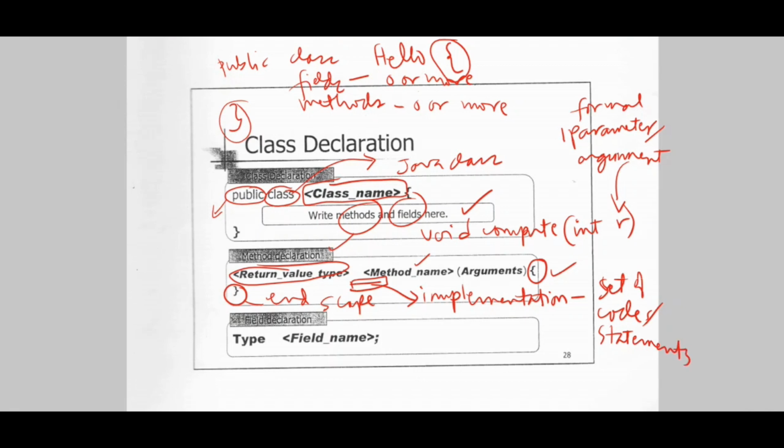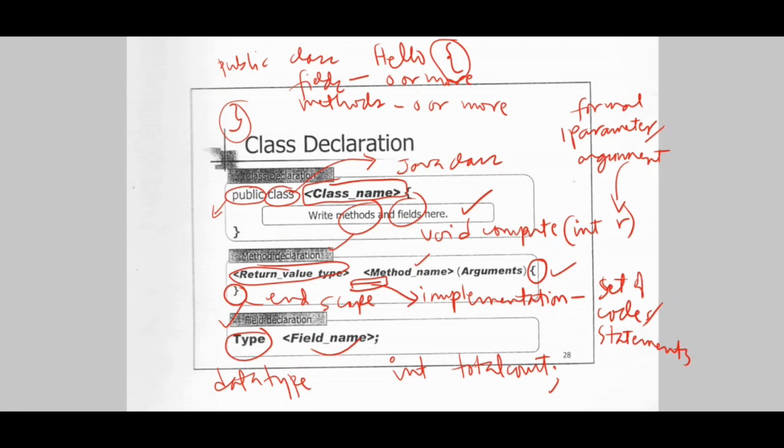And how do we declare a field? To declare a field, we simply indicate the data type and then the field name. Say for example, the data type is integer, and the field name is the one from a while ago, total count, and then a semicolon.